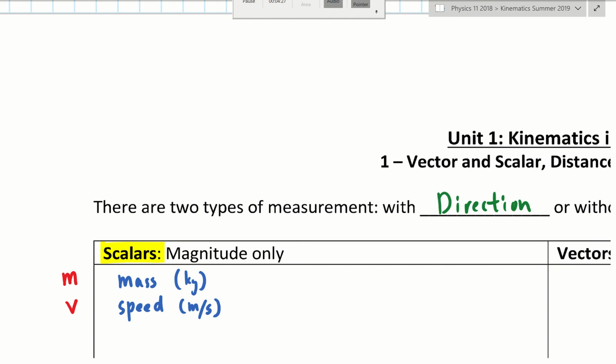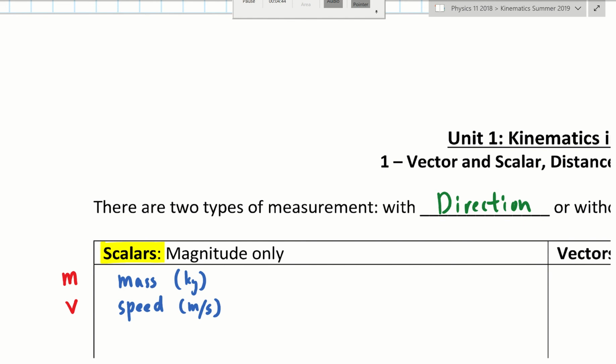So that means in everyday life, yeah, you can use km per hour. But when you're actually writing science, writing physics, for example, you must use meters per second. You cannot use km per hour. You cannot use miles per hour. You can only use meters per second.